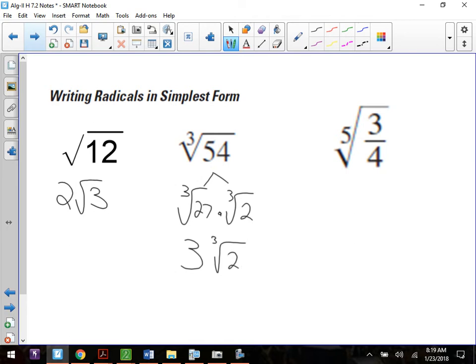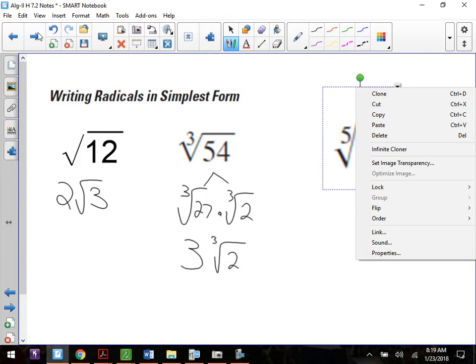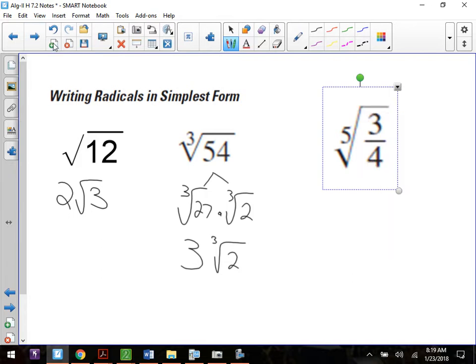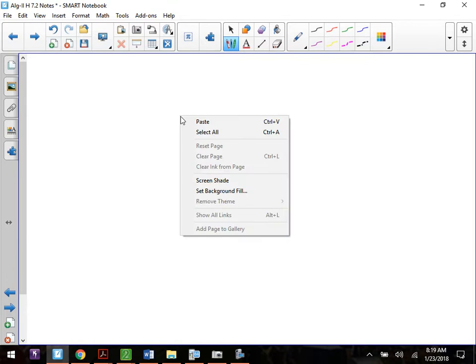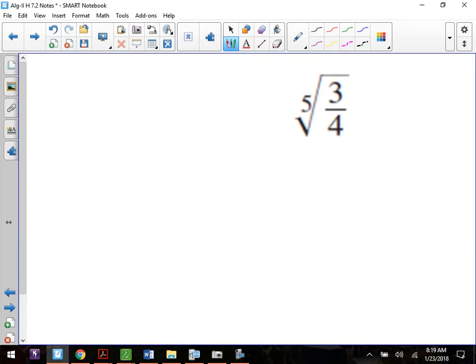Okay. Not too bad? All right. Now, let's show you a little trick here. Before we get to that, when you had this, how did you simplify that to get the radical out of the denominator?